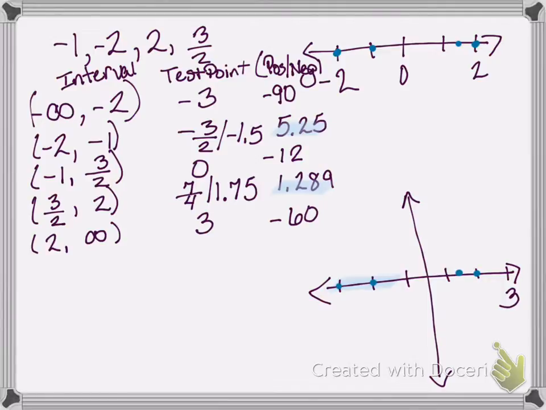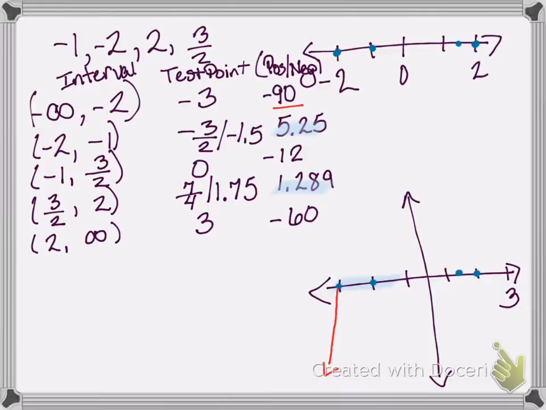So our intervals are telling us what it's doing in between those times. So in the interval of -infinity to -2, we get a negative value. So our graph is below the x-axis during that entire interval.